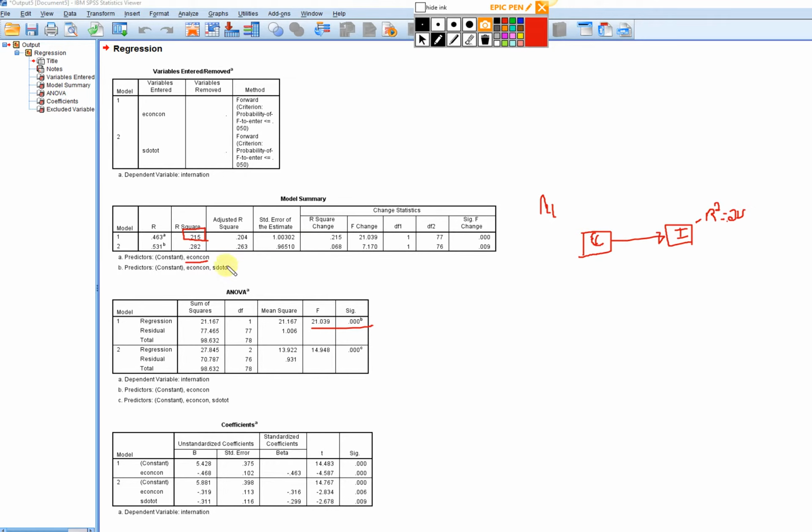Then in model 2, you'll see that the R-square value increases after we add in SDO. So now we have economic conservatism and SDO as predictors of internationalist attitudes.